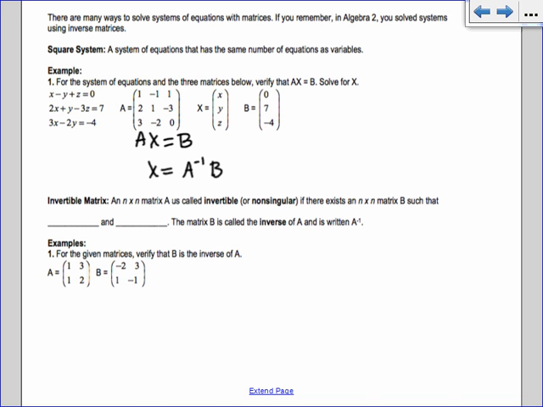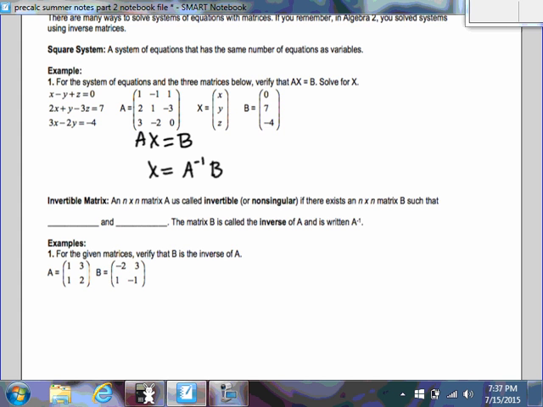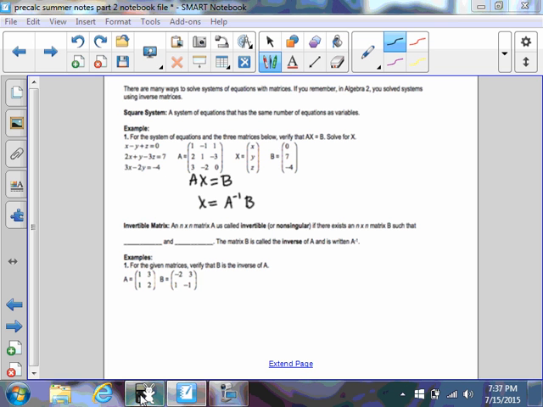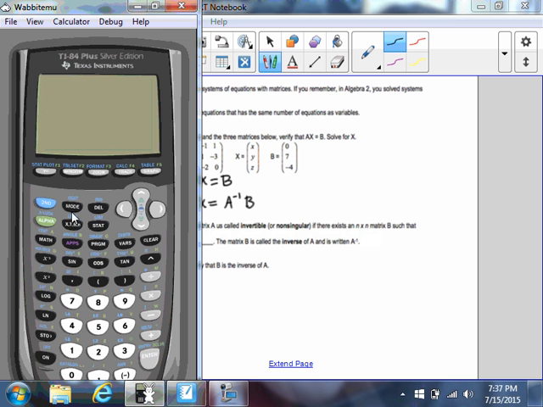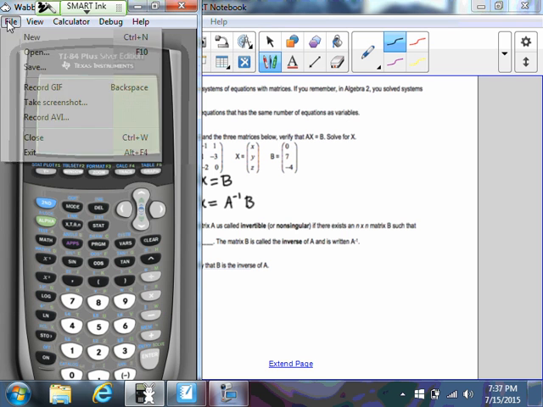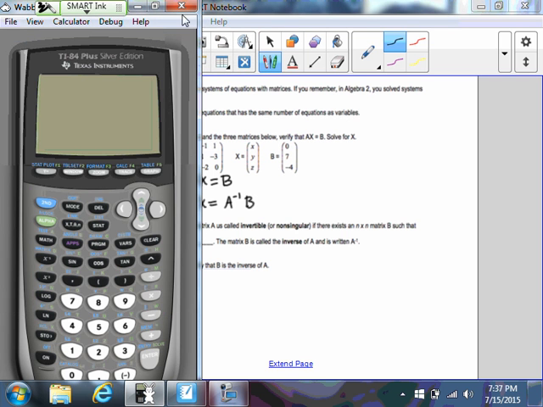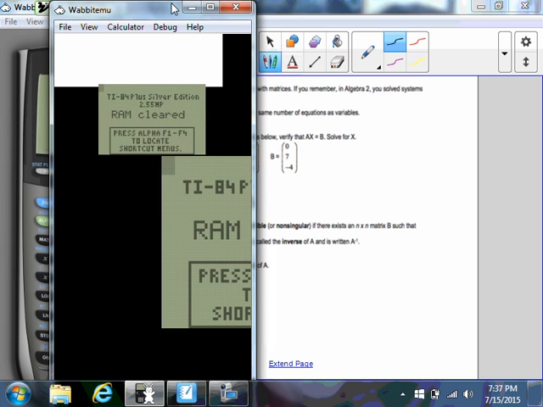Okay, so we want to go to matrix on our calculator. So hopefully y'all kind of remember this. And we want to put in A. Okay, so as I hit second matrix, oh, it's not letting me. Sometimes it's a little weird.